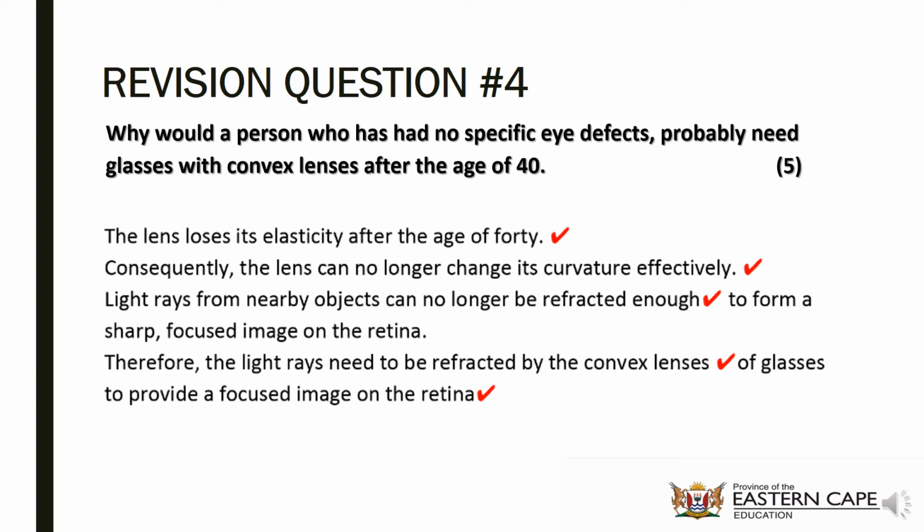Remember, when it's close by, the image forms behind the retina, and to correct this we're going to need convex lenses. They provide a focused image on the retina, because the convex lens allows the rays to bend and converge and fall on the retina.